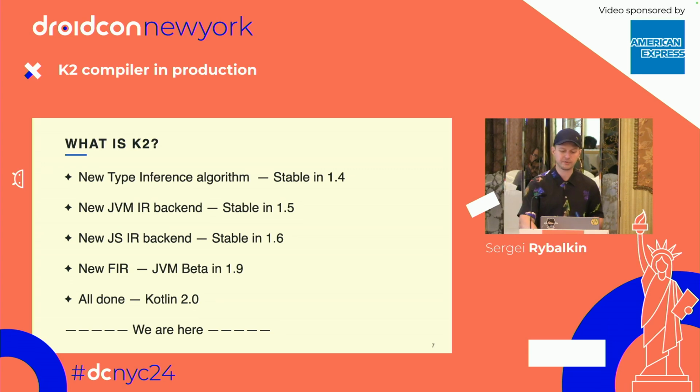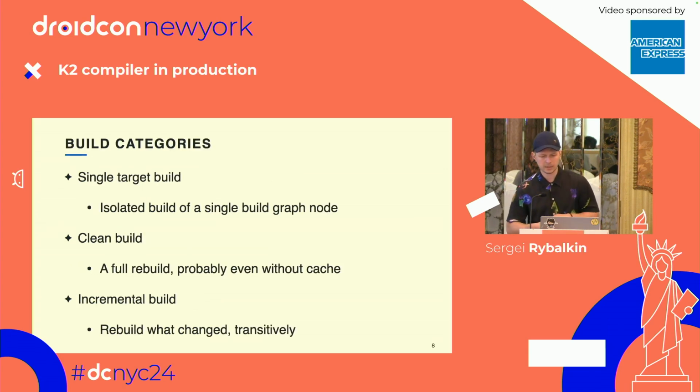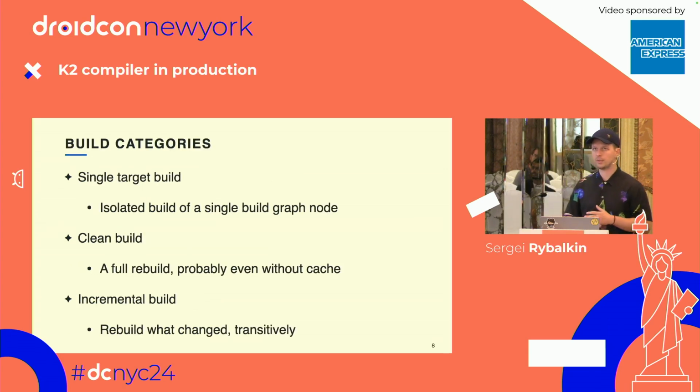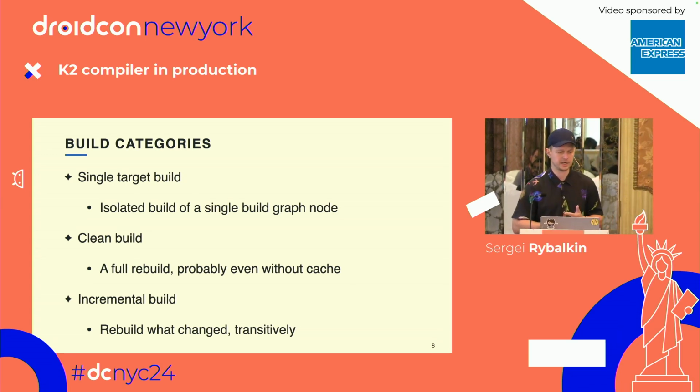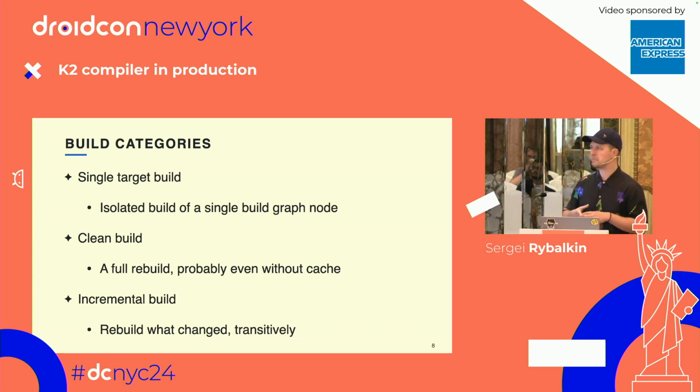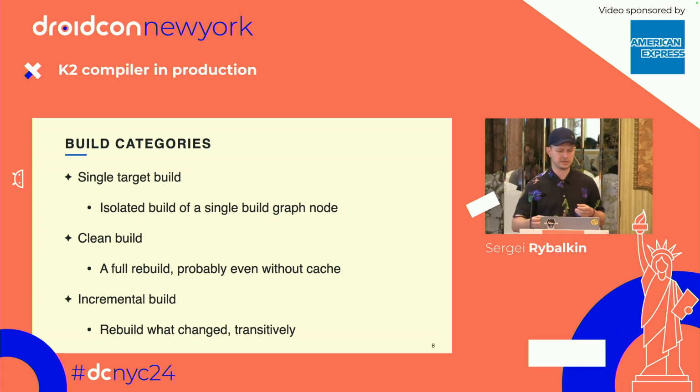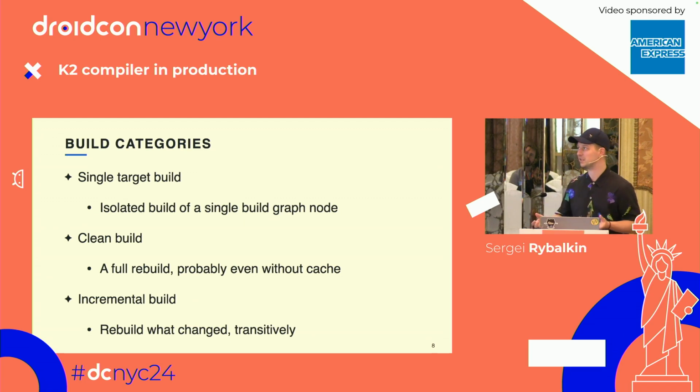But not everything is this simple. To get more benefit out of what K2 is bringing us, it's important to figure out and categorize the builds that are happening in our systems. We do different builds, and the definition of a quick build means surprisingly different things in all these scenarios.